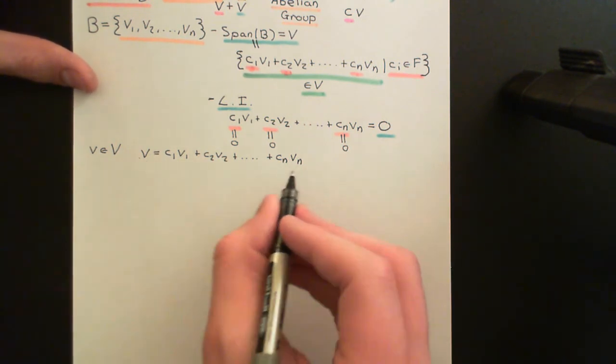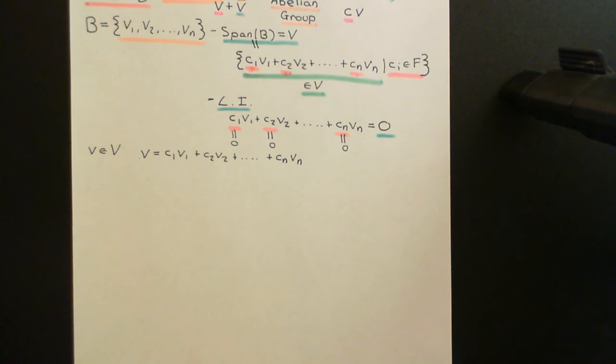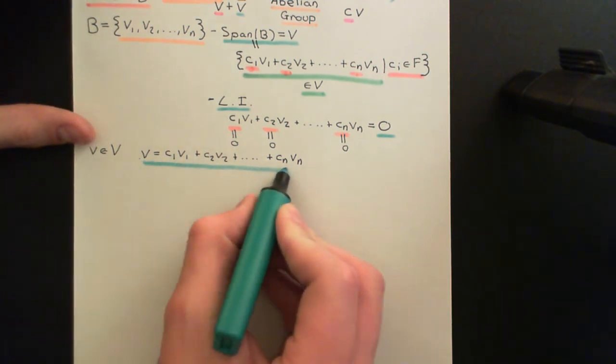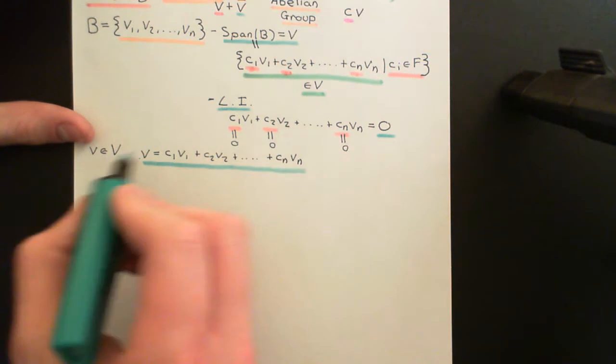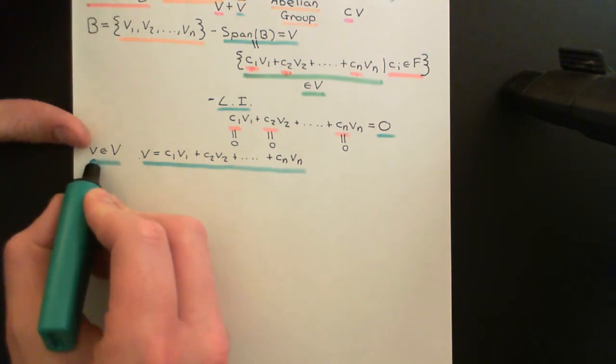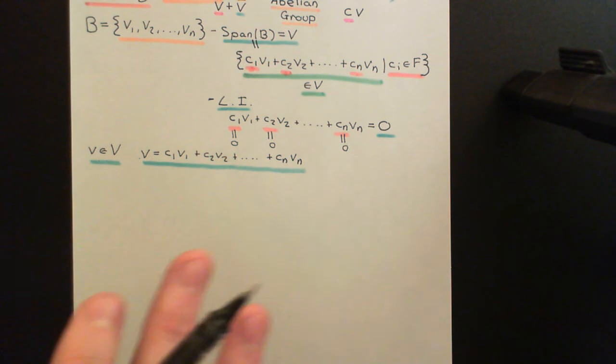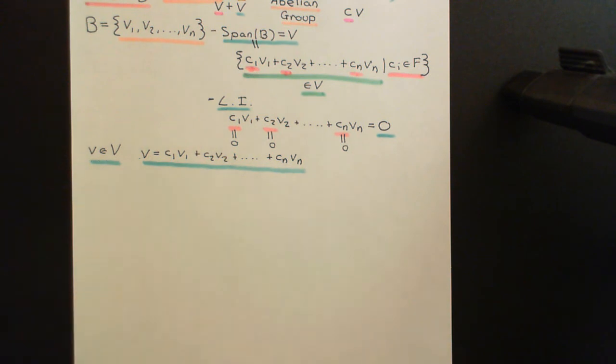So these two properties together mean that a basis for a vector space is a set of vectors such that you can write any vector in the vector space as one and only one linear combination of those basis vectors. Right, so that's the thing we need to discuss in order to discuss coordinate vectors.